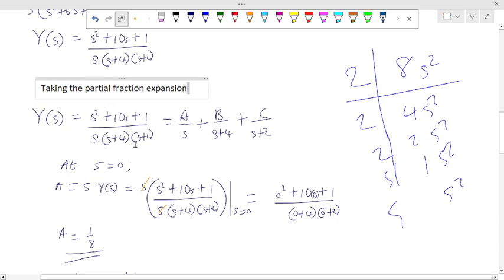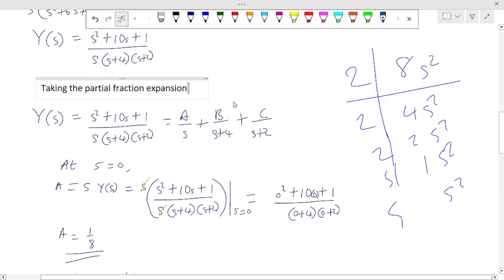What is y of s? All these guys. So this is the root, S, look at it, S. Y of s is all these guys. Put it here. This will cancel this. Okay? Now, we said s equal to 0, right? So anywhere you see s, you put what? 0. That will give you A equals 1 over 8.